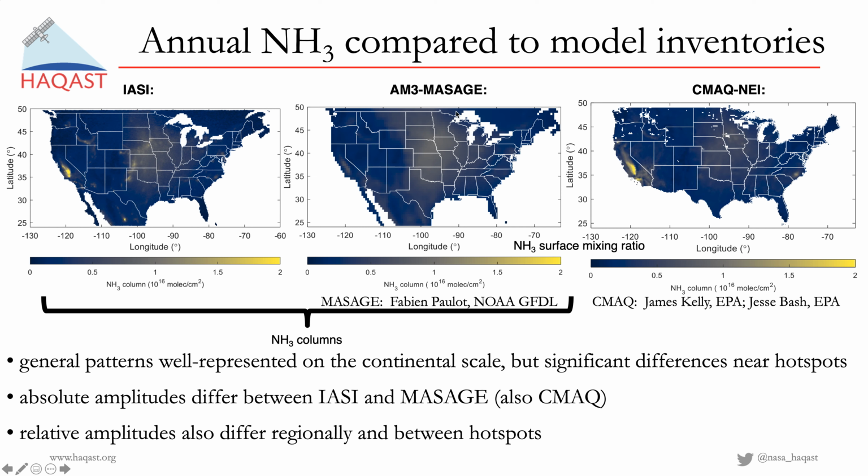MASAGE is much more dispersed, doesn't show the hotspots as well. And you can see significant differences, for example, between the MASAGE inventory used in AM3 versus the NEI and CMAQ. So the general patterns are well represented, but the relative magnitude, say, between the San Joaquin Valley and the Central Plains are much different, and we can use satellite to help improve this.